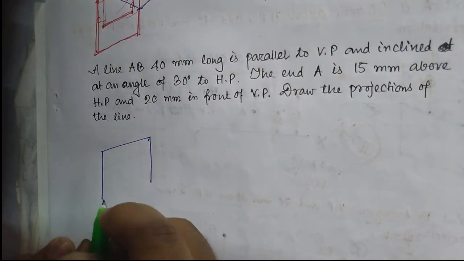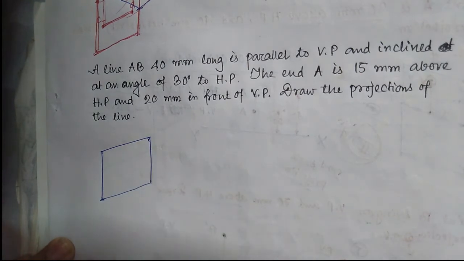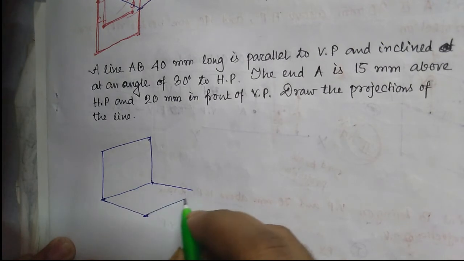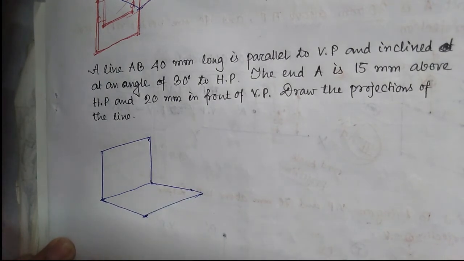This is vertical plane. This is horizontal plane. Our straight line is parallel with vertical plane but at an angle with the horizontal plane.